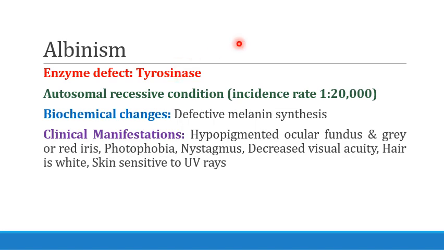Patients usually present with a hypopigmented ocular fundus, gray or red iris, and photophobia. Patients have nystagmus with decreased visual acuity. Hair is white and skin becomes sensitive to UV rays, and these patients are more prone to develop carcinoma of the skin.